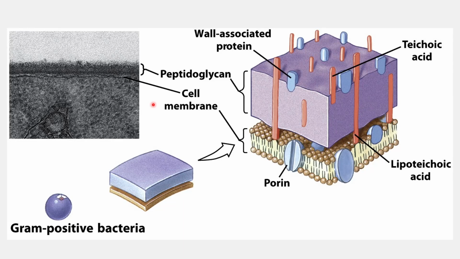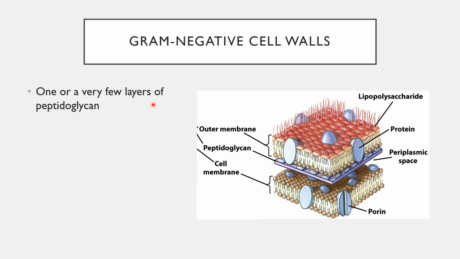The gram-negative cell wall, on the other hand, has a quite different structure. While the cell wall is composed of peptidoglycan, instead of many thick rigid layers, it is composed of just one or very few layers of peptidoglycan, making it thinner and more flexible.